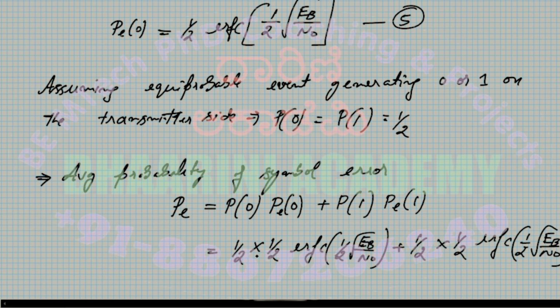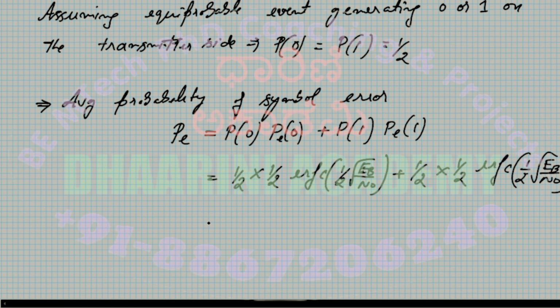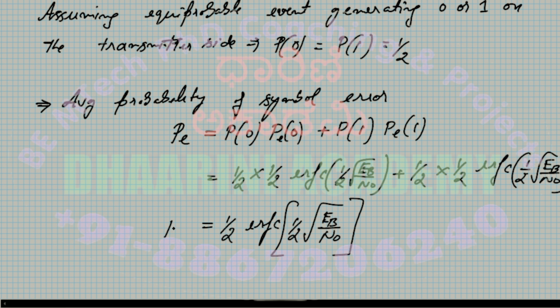So 1 by 2 into 1 by 2 is 1 by 4, and the second term is also 1 by 4. 1 by 4 plus 1 by 4 is 1 by 2. So I ultimately get the same answer: 1 by 2 into the erfc of half of root of Eb by N naught is the total probability of error when you use amplitude shift keying in your transmission.